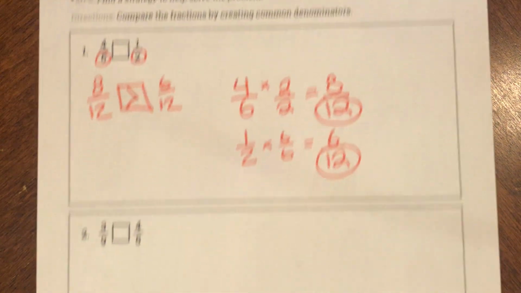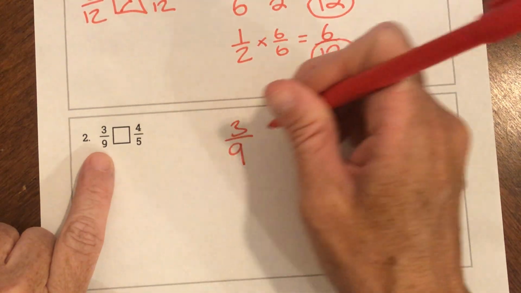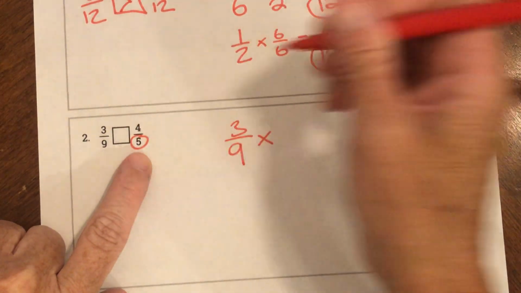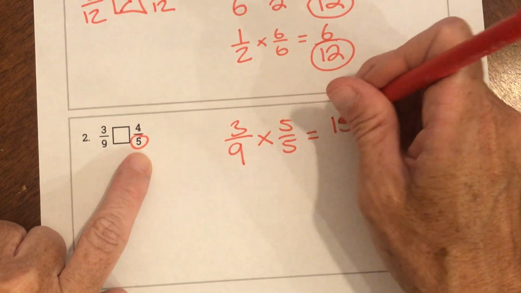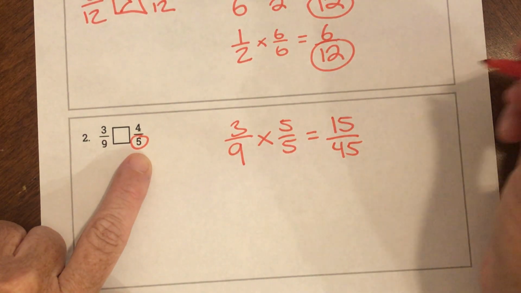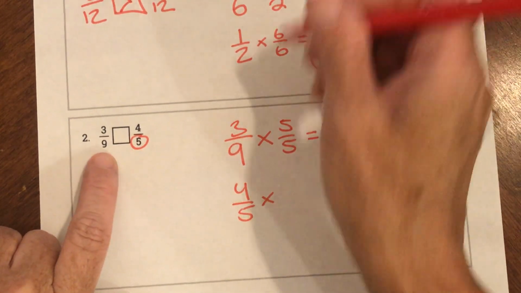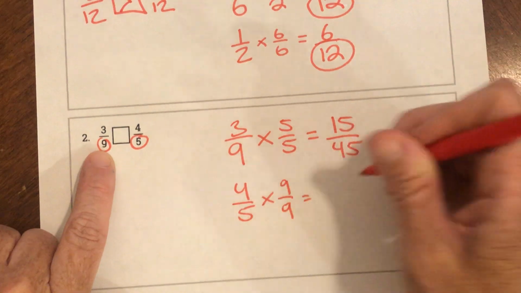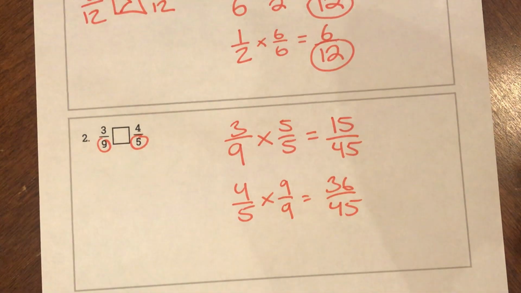Okay, so let me show you another one of those. I'm going to look at my first fraction, and multiply it by 1 using the opposite fraction's denominator. So I get 15 over 45. Then I'm going to use the next fraction and multiply it by 1 using the opposite denominator. So I get 36 over 45.